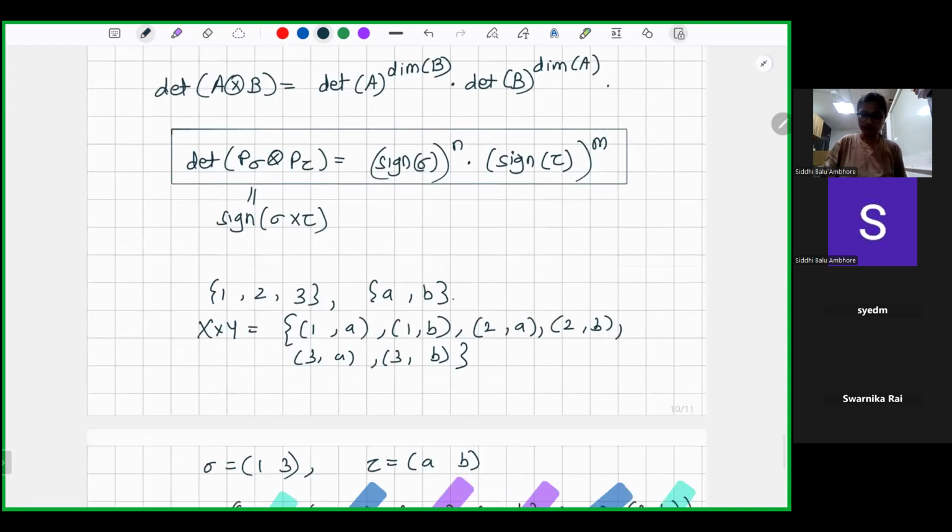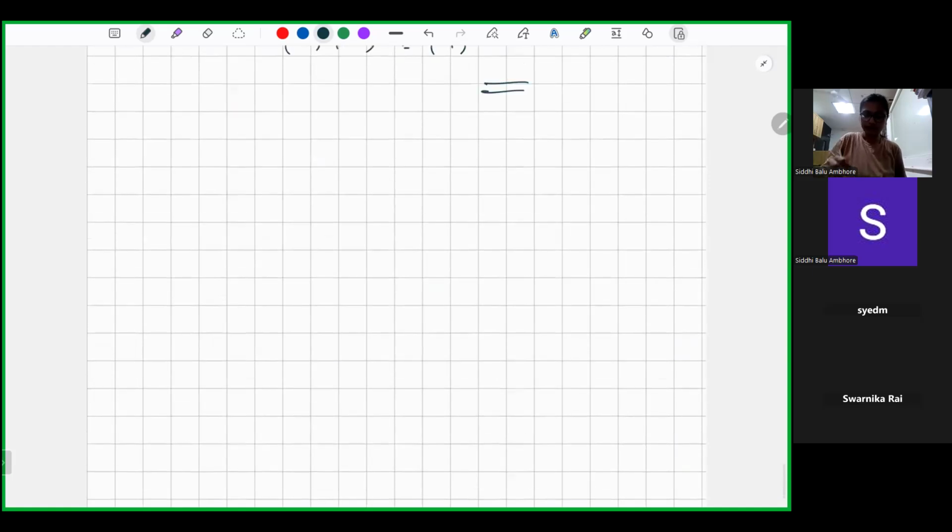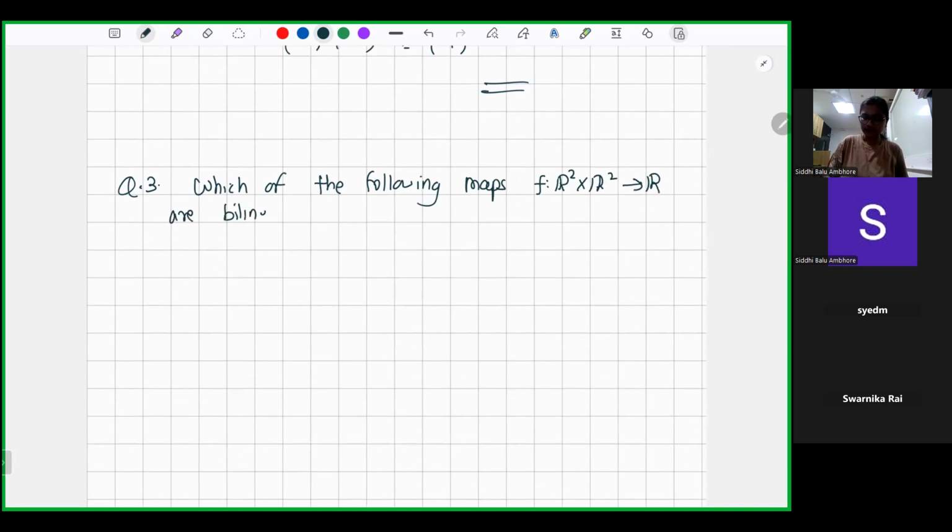We'll just do one. There are a few, so I will write the question entirely and we'll do only a couple of them. Which of the following maps f from R square cross R square to R are bilinear and symmetric?